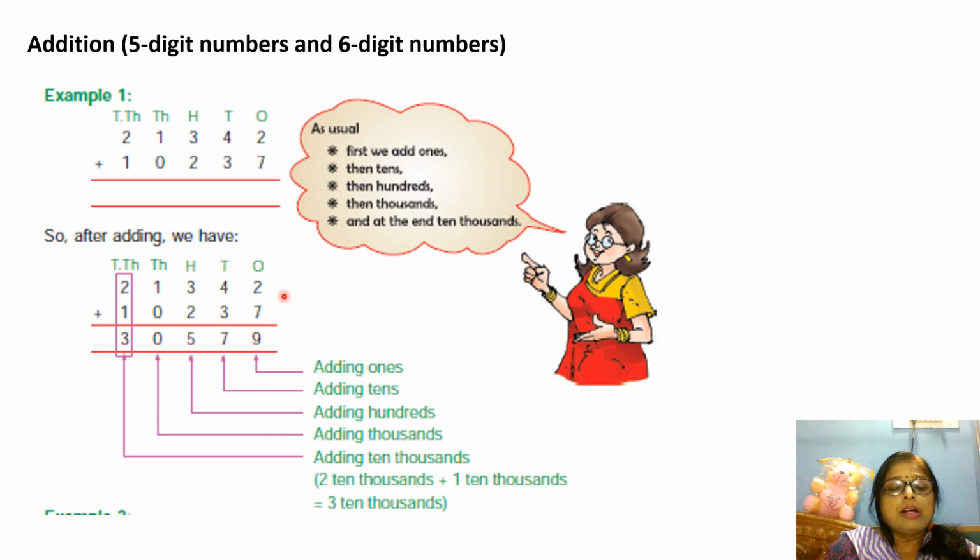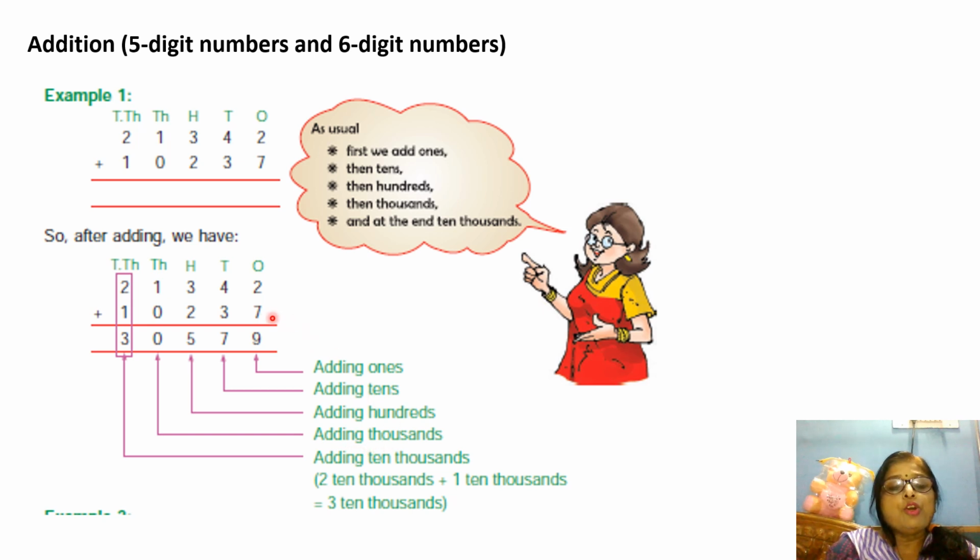Next one, again in the same way, first you arrange the digits according to the place value, next you write it and then add ones, then tens, then hundreds, then thousands, then ten thousands.